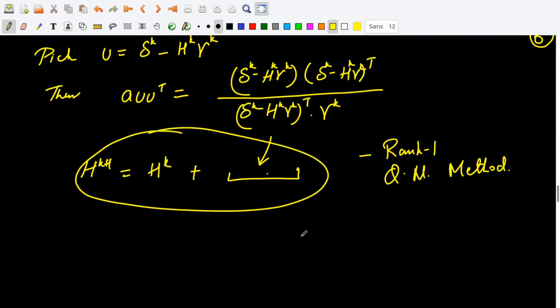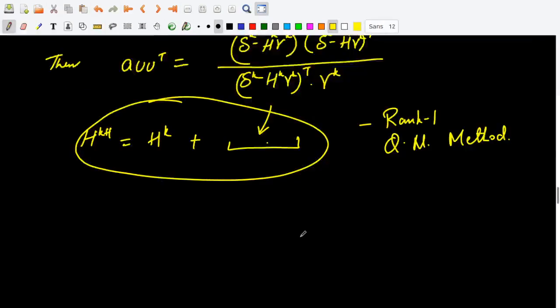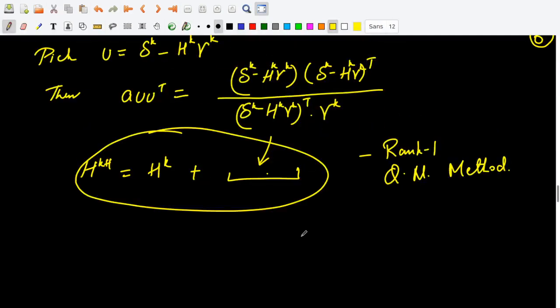Okay, so now to verify that this will actually work, recollect that we have to prove that hk plus 1 is going to be positive definite, provided hk is positive definite. Right? So we need to show that hk plus 1 is positive definite.